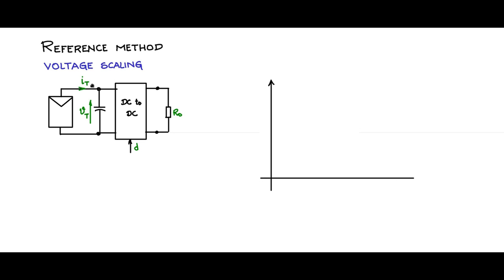Let me draw the Vt versus It curve. This is the IV curve and this is the PV curve. Now the maximum power point is occurring somewhere here in this region. So if the insulation varies, there is variation in the IV characteristic. You will see that the IV characteristic changes, but the maximum power curve also will change.